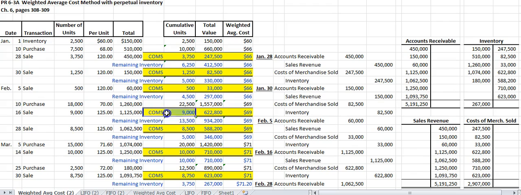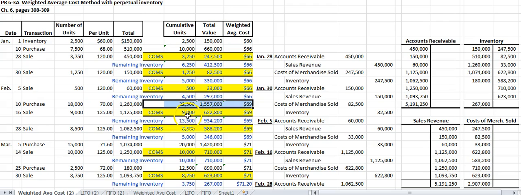And your cost of merchandise sold for that 9,000, now you're going to apply your new weighted average cost. Okay? Do not confuse this with FIFO or LIFO. These are not two layers anymore. This is a cumulative rolling average on this side. So all you need to look at is always at this, which is a weighted average of this and this. Okay?